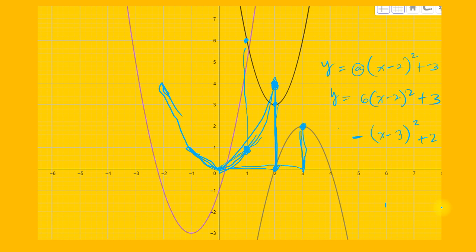So now let's try to graph other functions using x square as our reference graph. Let's start with y equals, let us say, 2 times x minus 3 square plus, let us say, just plus 2.